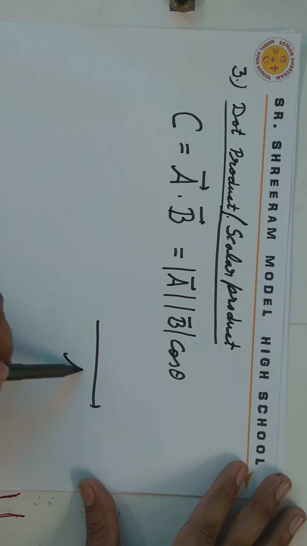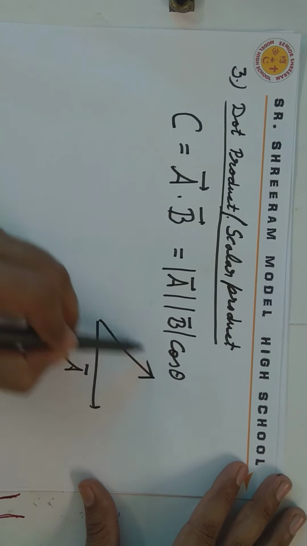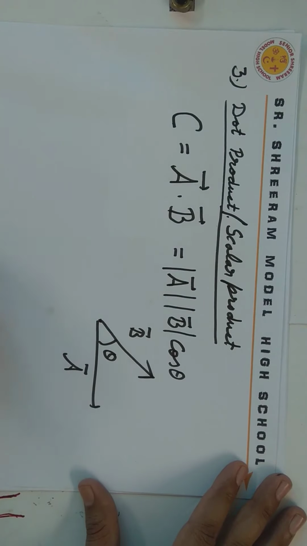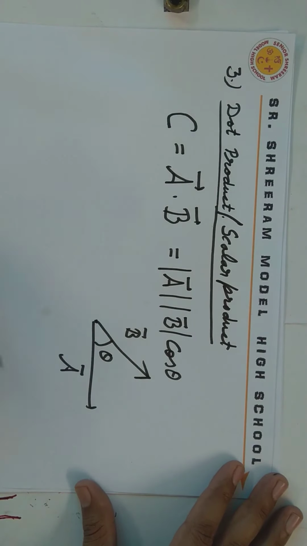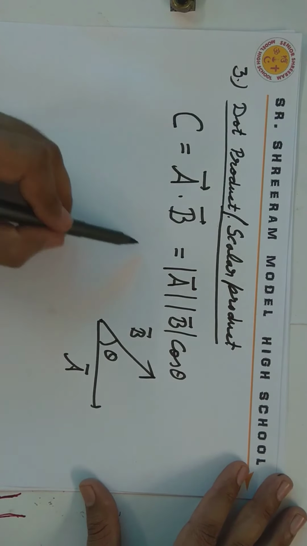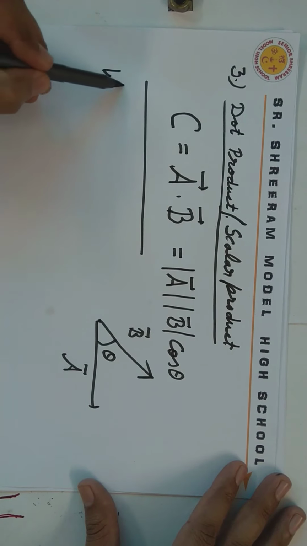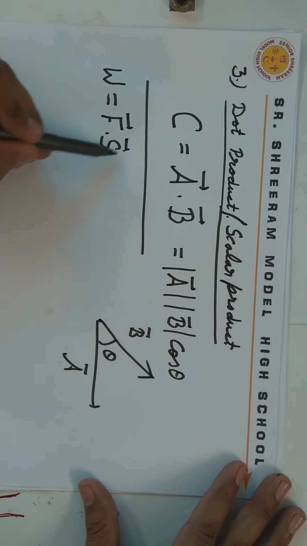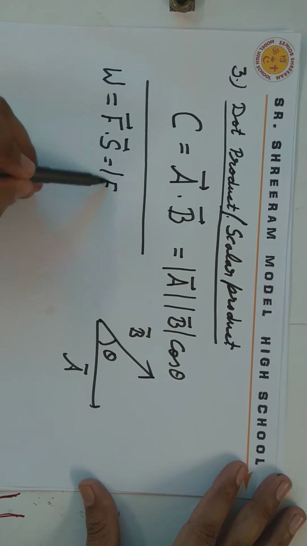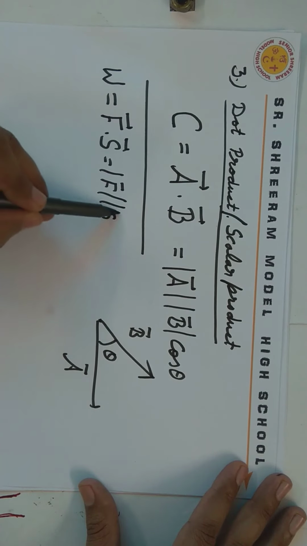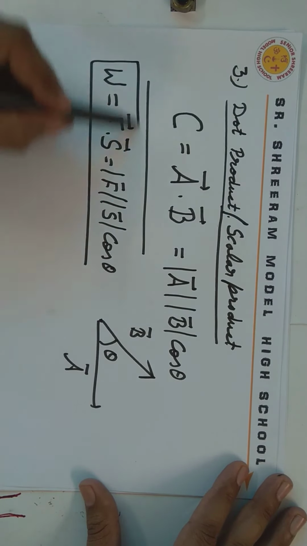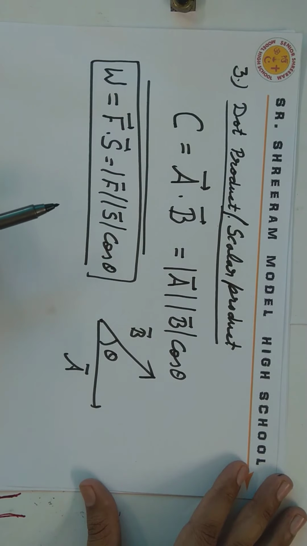Say this is vector A and this is vector B. Theta is the angle between these two vectors. So this is how we do dot product. It is very useful in physics when we will find work, which is a scalar quantity. It is a dot product of force and displacement. So it becomes magnitude of force, magnitude of displacement into cos of angle between force and displacement. We will soon use this concept.